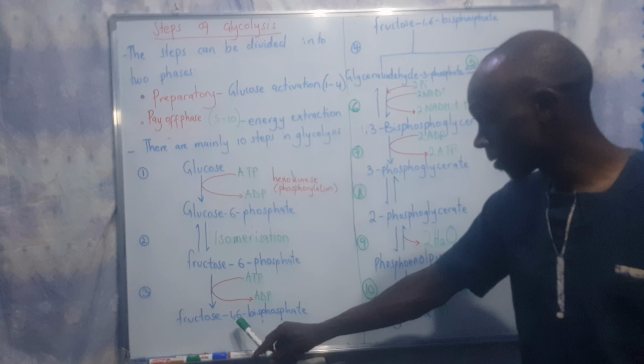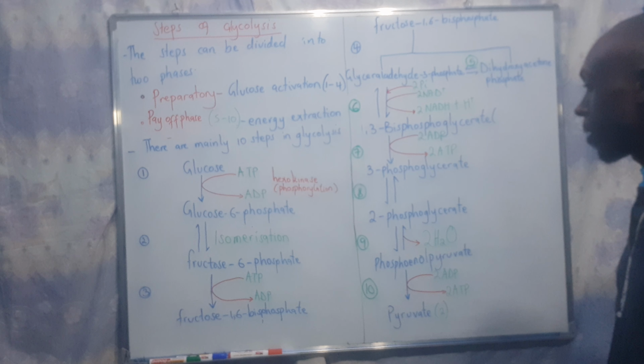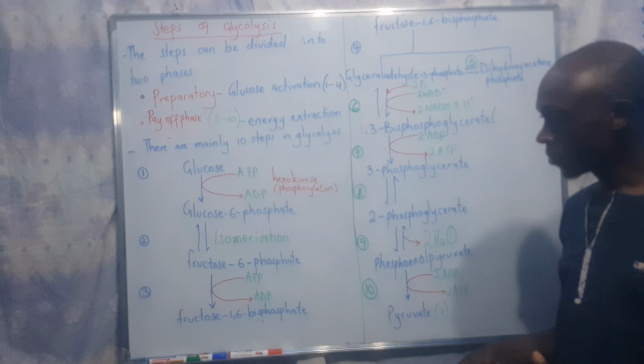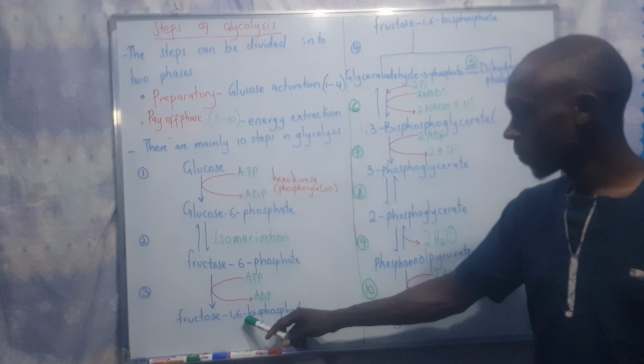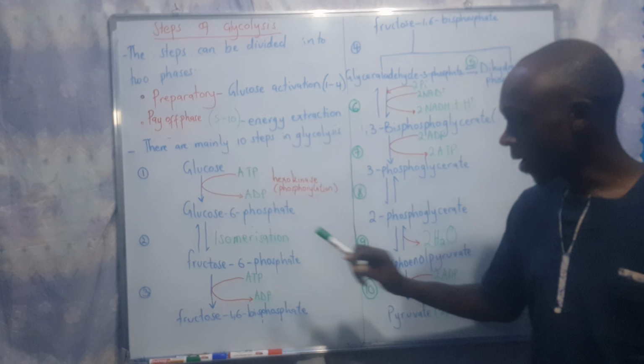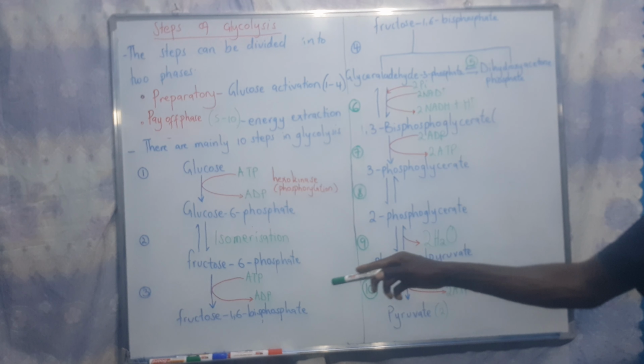Fructose 1,6-bisphosphate implies that carbon number 1 and carbon number 6 each have a phosphate group. The more phosphate groups, the more unstable the molecule becomes. So fructose 1,6-bisphosphate is more unstable than fructose 6-phosphate, because it has more phosphate groups. I guess we are together there.